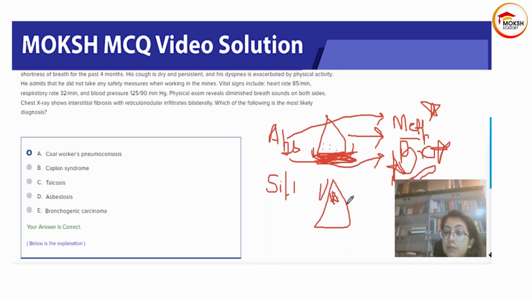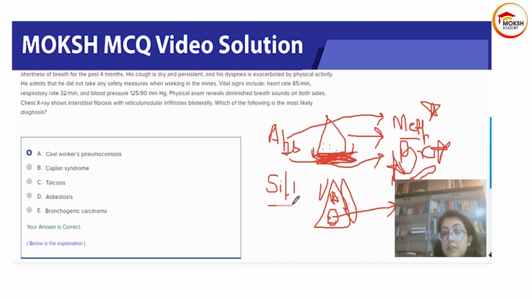It also involves the mediastinum. An important distinguishing or pathognomonic point is that it is going to show eggshell calcification. Whichever area it involves and forms a cavity, there would be a certain amount of calcification in the cavity, and that presents as eggshell calcification.